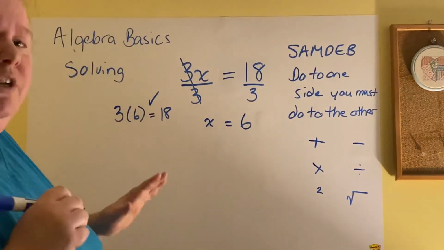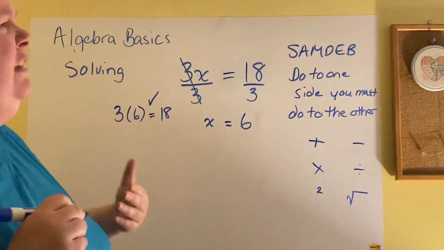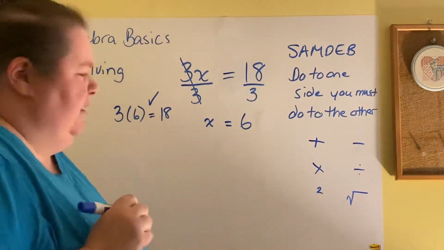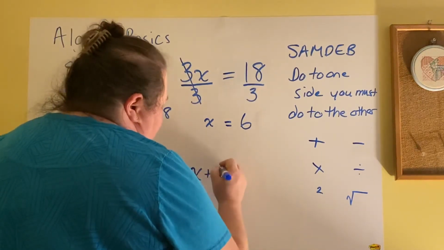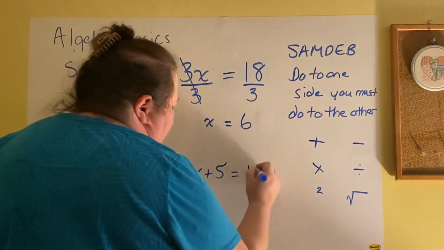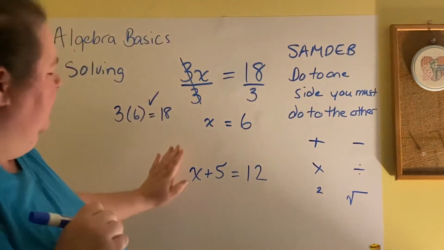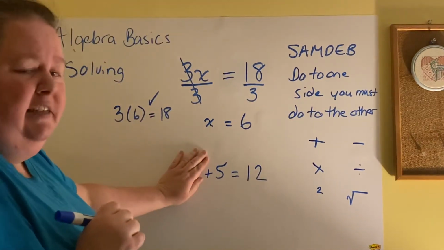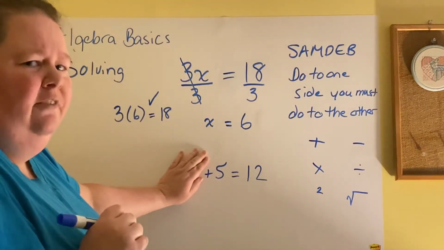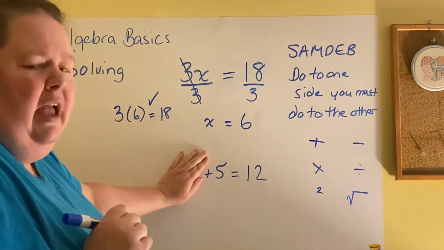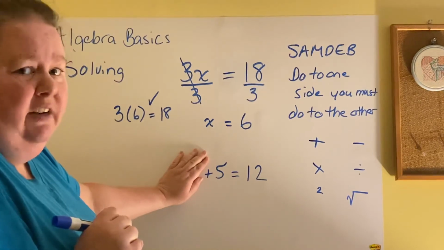The other thing you can do is something that we call the cover-up method. So if I give you x plus 5 equals 12, what I can do is I can cover up the term that has the variable, and I can say, what do I have to add to 5 to get 12? And the answer to that is 7.